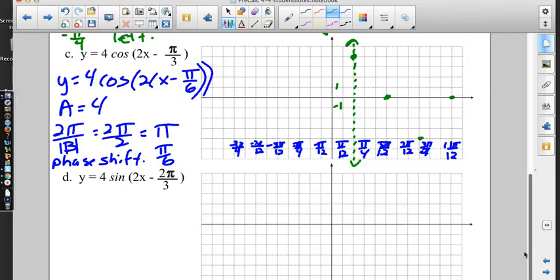And again, that's not one full period, so it's important that we're going backwards on this one. So I'm just counting 3 over, 4 up and down.